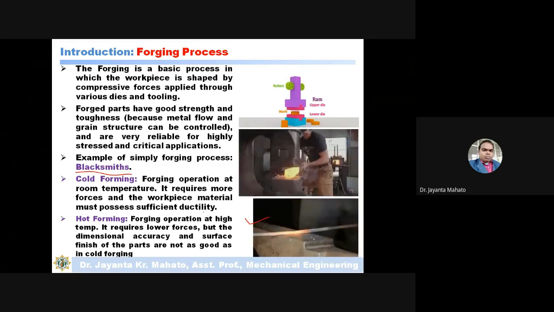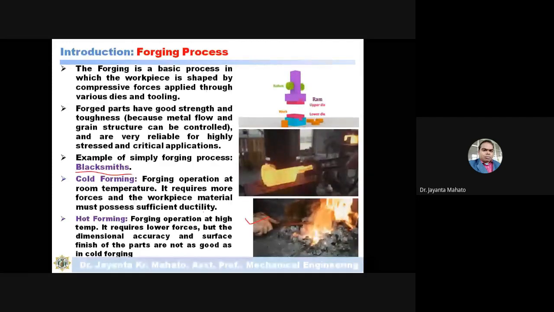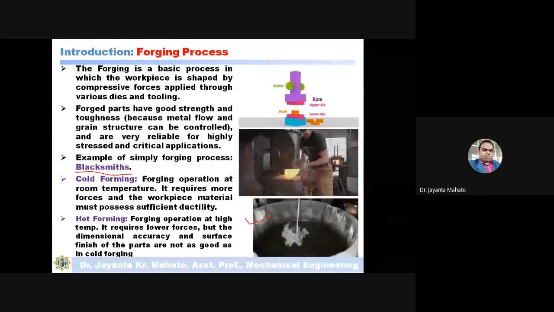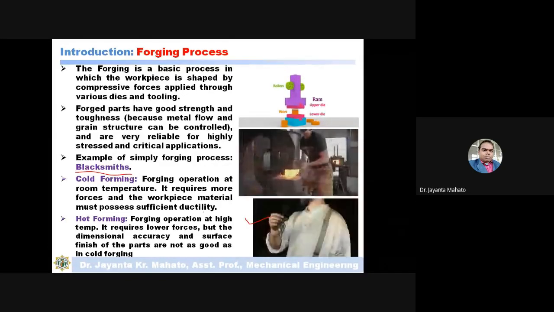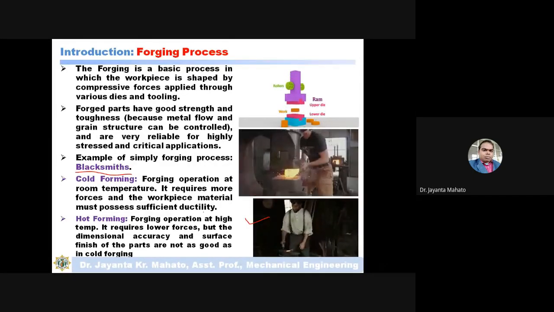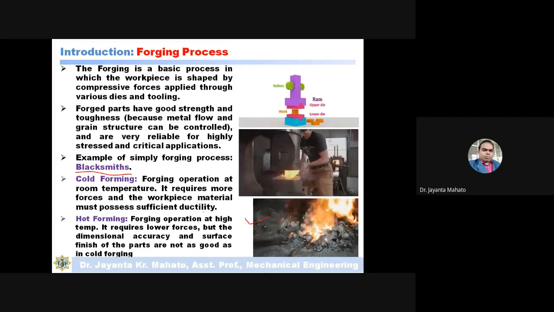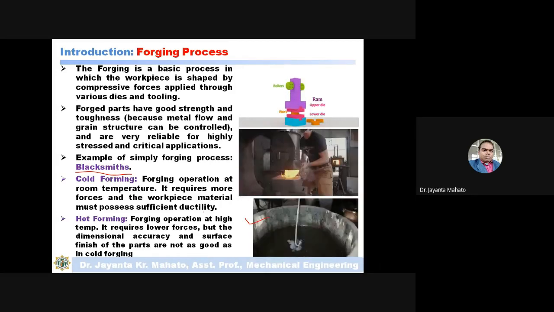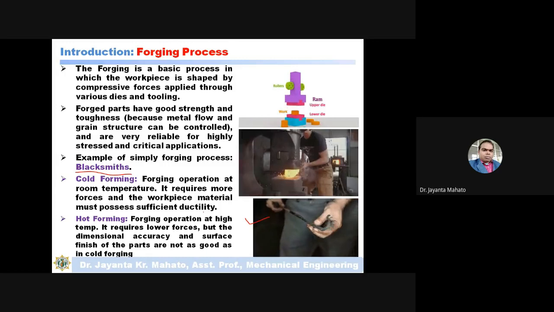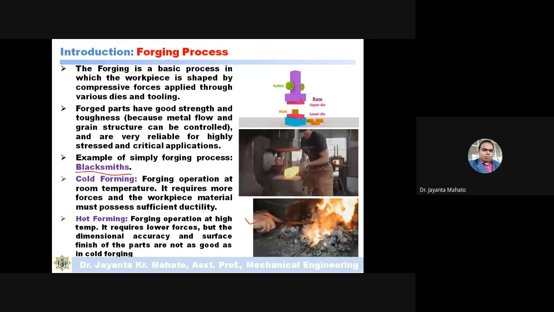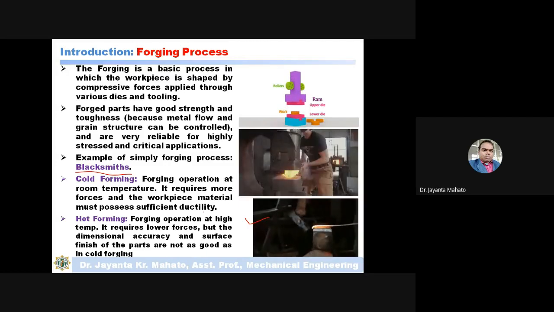In the hot forming process, the material is forged at a high temperature, as I told, and high means above the recrystallization temperature. It requires lower force because at high temperature the flowability of the material gets easier.